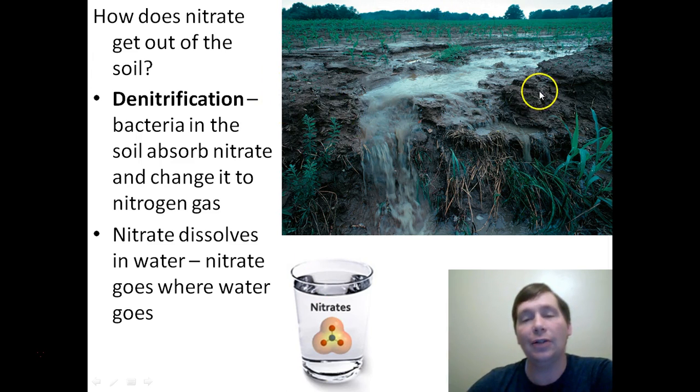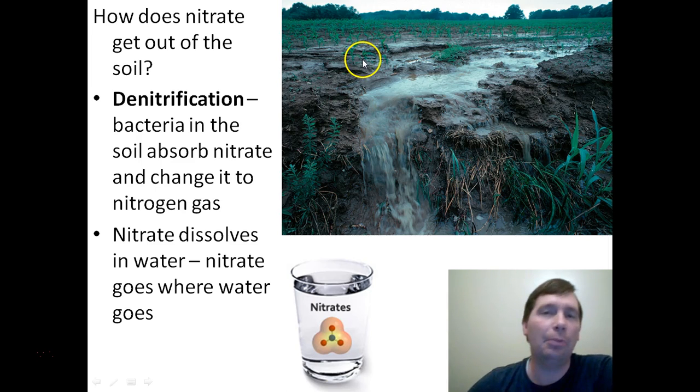So if you have this soil here, and the soil has nitrate in it, if some water either flows over the soil or sinks down through the soil, down to the groundwater, it will absorb any nitrate it comes in contact with and take it with it. So nitrate dissolves in water, and any place the water goes, the nitrate will go with it. That's going to be very important in the next video when we talk about problems with the nitrogen cycle and ways that it can go wrong.